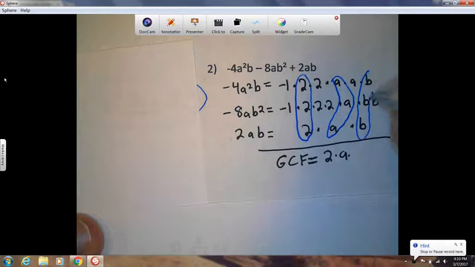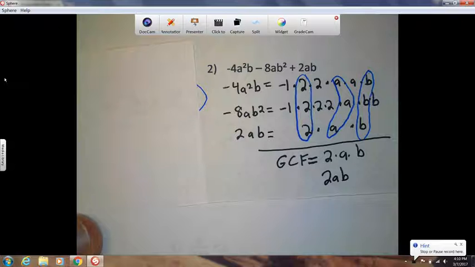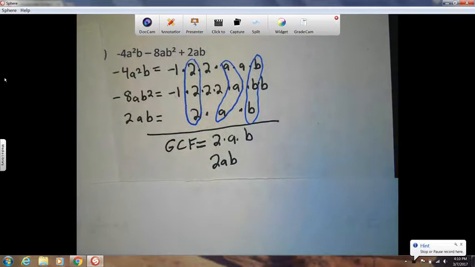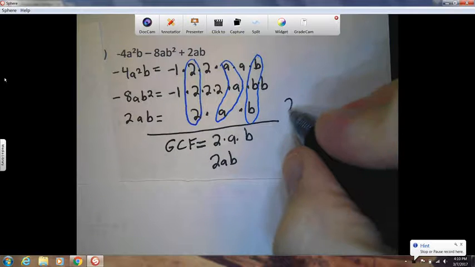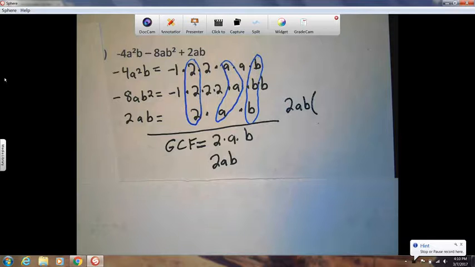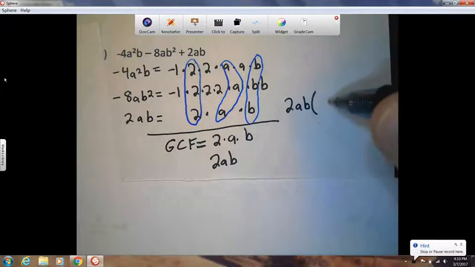So 2ab is my greatest common factor. Once you get that, set it outside parentheses. 2ab, open parentheses. Okay, 2ab multiplied by something will give me -4a squared b.